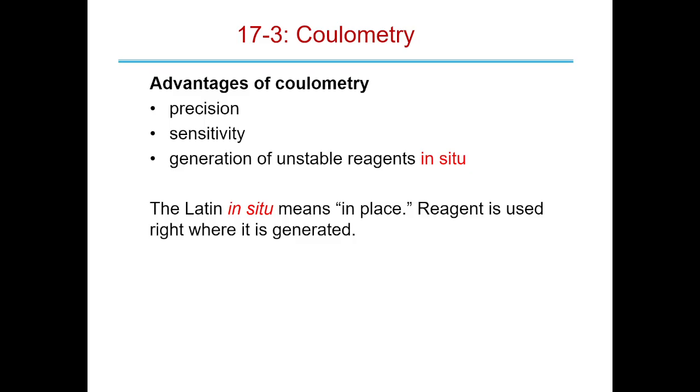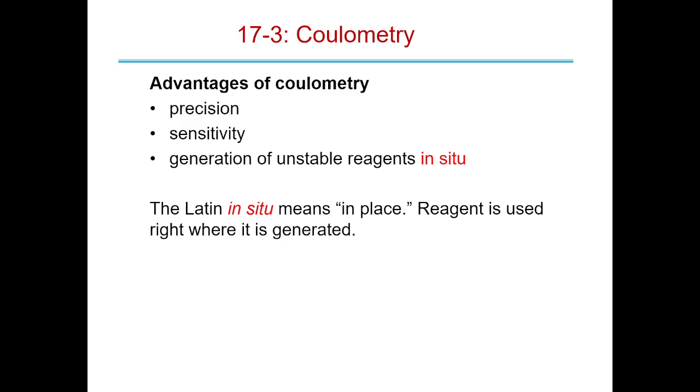All right, so what are some of the advantages of coulometry? It has high precision, high sensitivity, and the generation of unstable reagents in situ. The Latin in situ, by the way, means in place, which you guys are biochemistry, so I'm sure that you know that. The reagent is used right where it is generated.